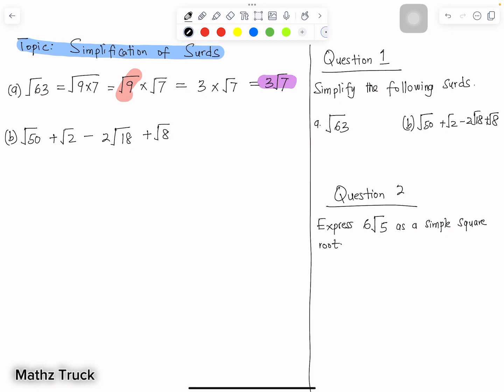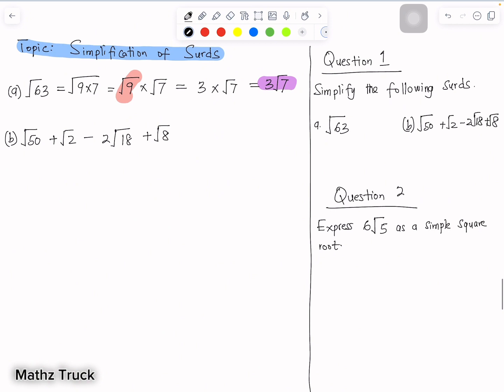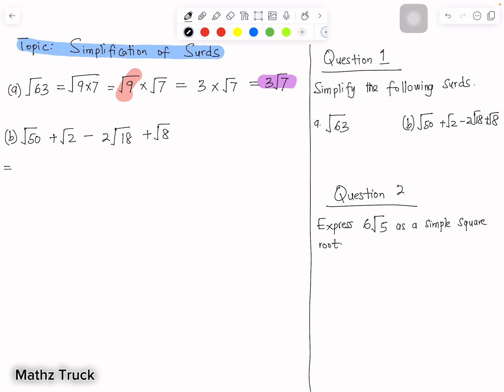The same way we did the first one, we have to find the factors of all these numbers. So we have factors of 50, which we can write as 2 times 25.